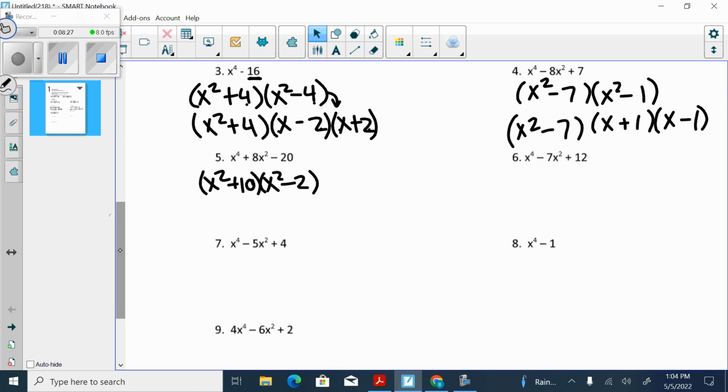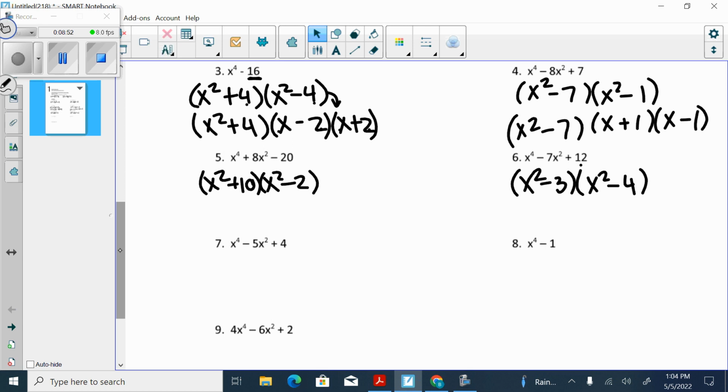Okay. Number 6, any GCF? Okay, so I make my 2 sets of parentheses. We put in our x squareds. And what's going to multiply to give us 12 and add to give us -7? Very good.